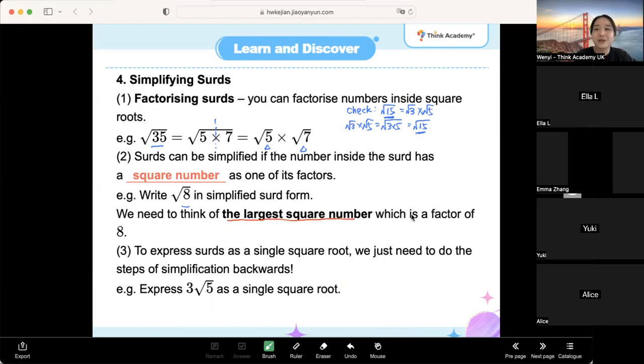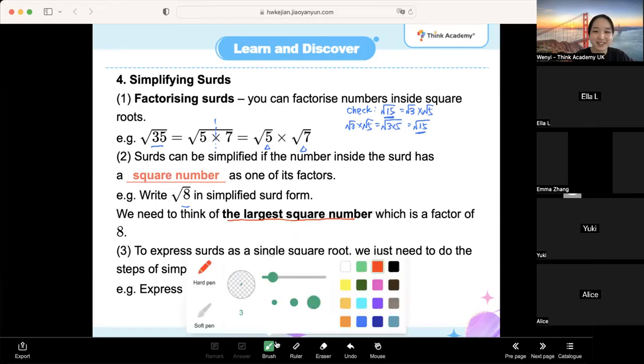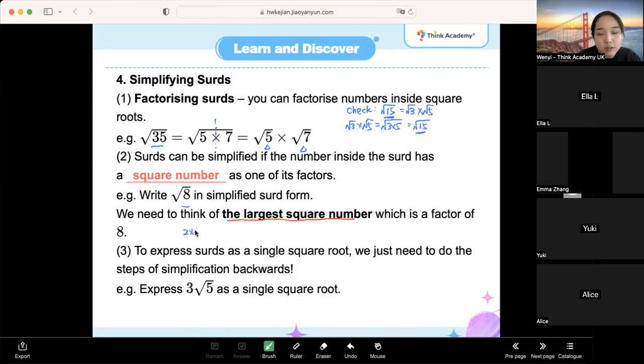Can you write the largest square number for 8? Yes. That's very easy. That's 4. So we can write this 8 as 2 times 4, and we put the root sign here. Then just factorize it. We have root 2 times root 4, and this root 4 is 2, so we get 2 root 2.